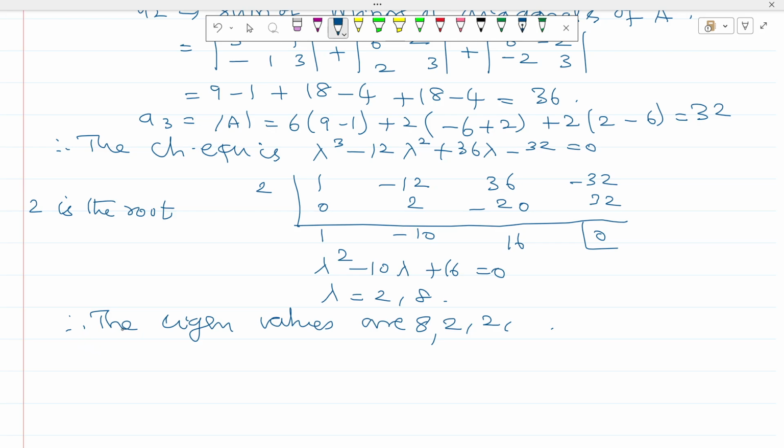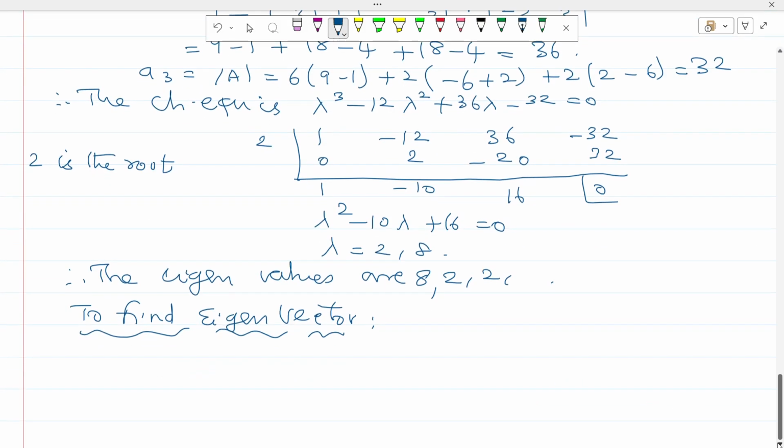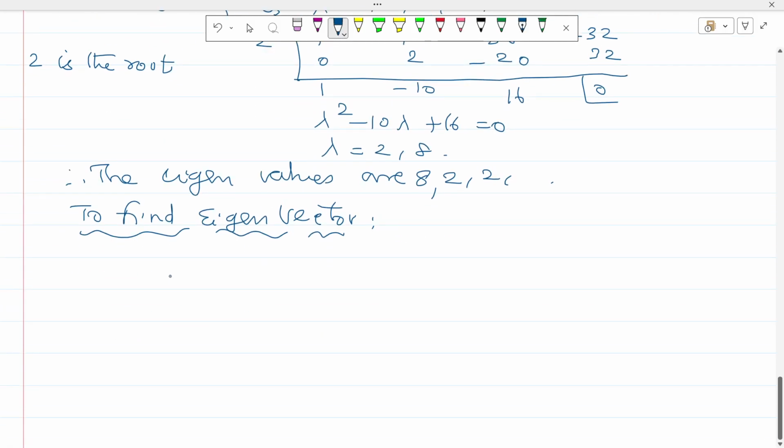What is A minus lambda I? So you can write the heading: to find the eigenvector, A minus lambda I into x equal to 0.